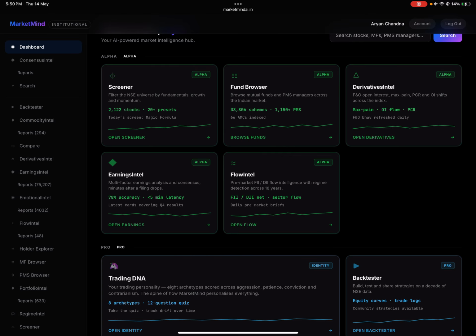Derivatives intel is where it starts to get interesting. This, of course, takes the derivative flows for indices and stocks, all of F&O. It gives you PCRs, OI changes, all of the usual stuff.